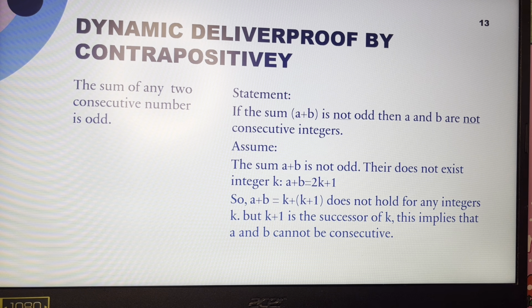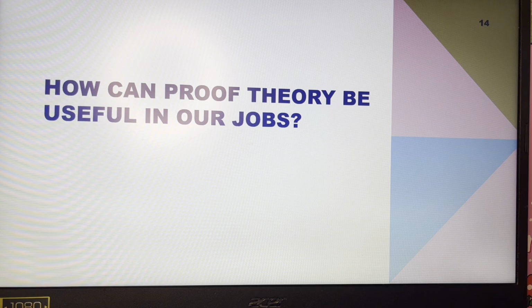So let's have this question. How can proof theory be useful in our jobs, not only in mathematics? It can be useful in a way of analyzing and understanding how we prove things. It's like a detective looking at the steps of a puzzle to see if they lead to a correct solution.